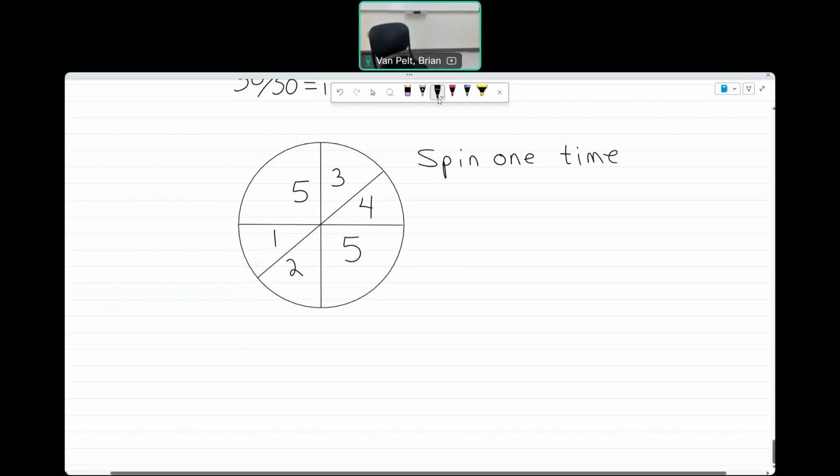What I want you to do is create the probability distribution table for it. Guess I could say compute the probability distribution.